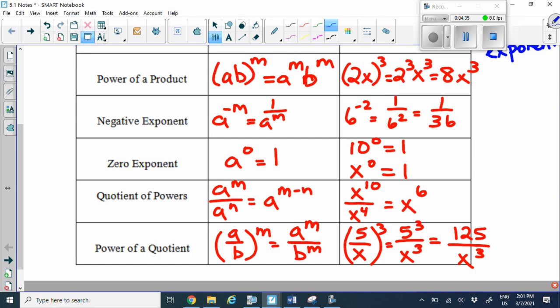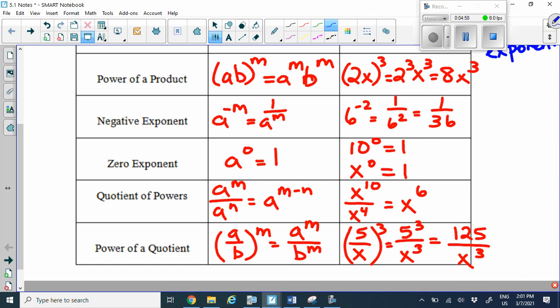I distribute that cube to the 5, and in the denominator, to the x. So I have 5 cubed over x cubed. Now remember, with any numbers, I need to evaluate. So I do 5 cubed, and you can plug that into your calculator if you need to, and I get 125, and then I keep in my denominator x cubed.